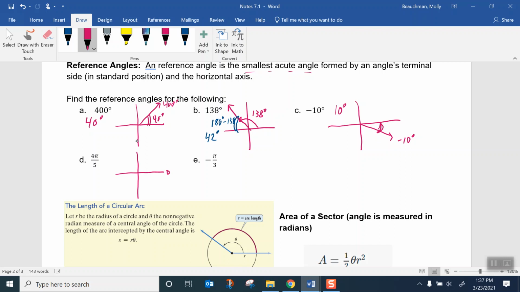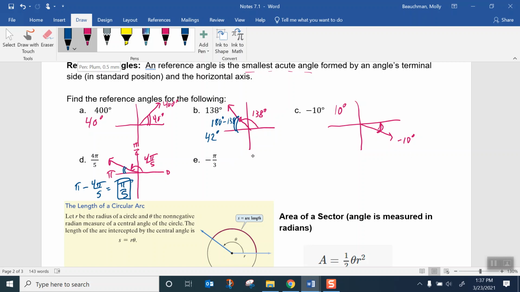We have 0, this is pi over 2, this is pi. So we have to think about it in terms of fractions. That's 1/2, 1, 4/5 lands about here. The angle it makes with the x-axis is this one. So we take pi minus 4 pi over 5, and it ends up being pi over 5 as our reference angle.